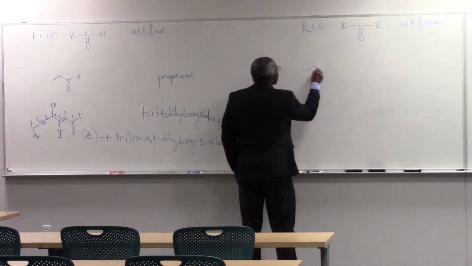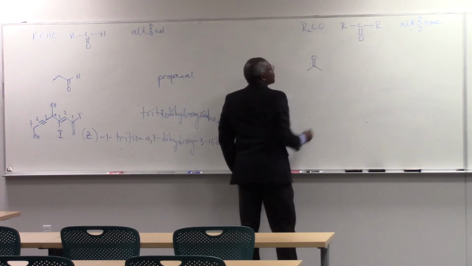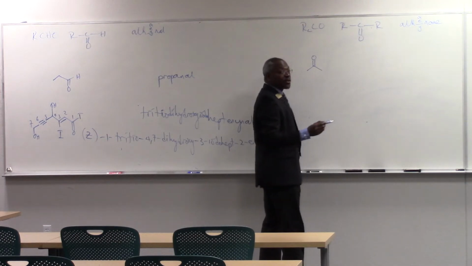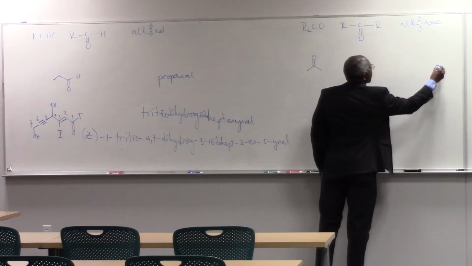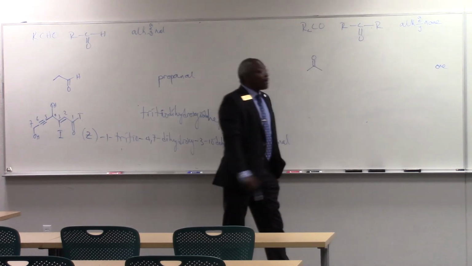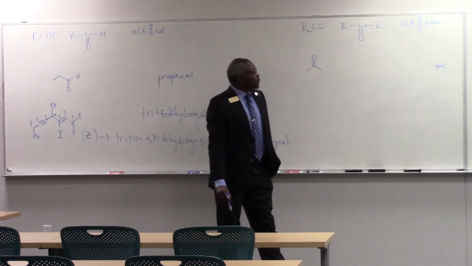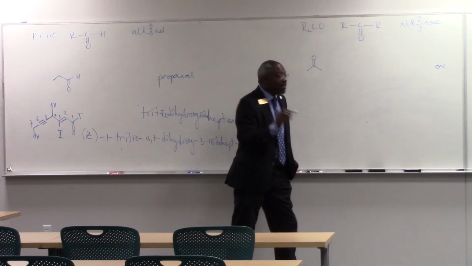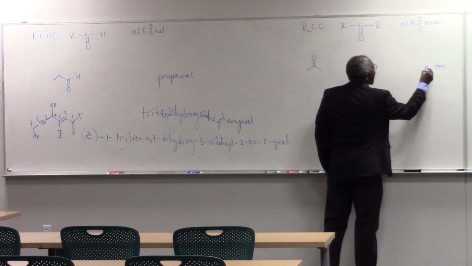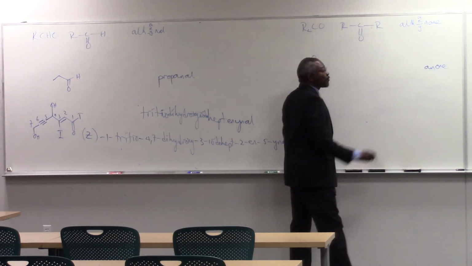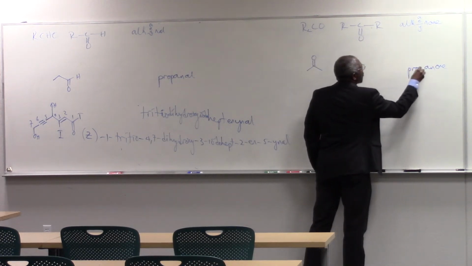So if I have this compound, it's a ketone, I'm going to write -one. The backbone has only carbon-carbon single bonds, so it's an -an-one. It's 3 carbons long, so it's a propanone.